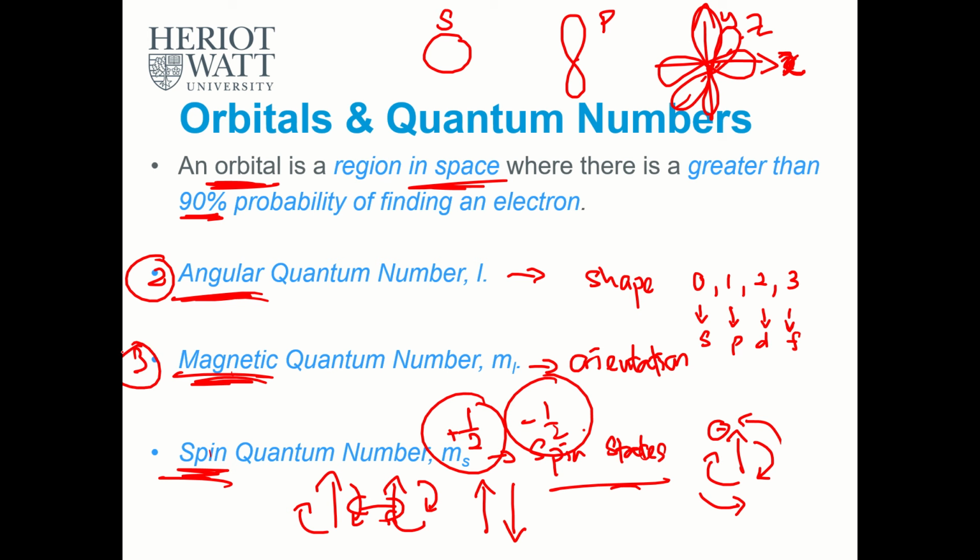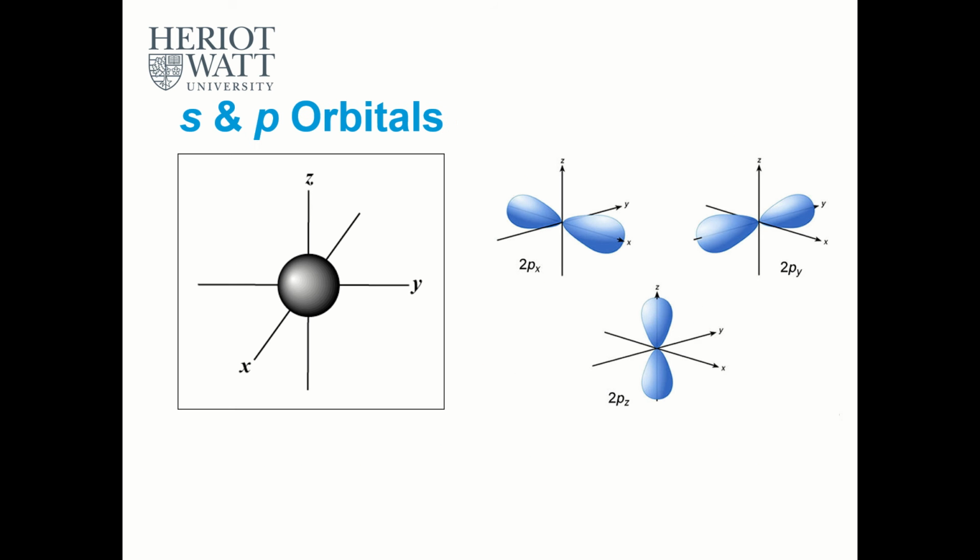And then the third one is the magnetic quantum number. A specific shape of a subshell can be in different orientations, depending on the shape and whether they can be oriented. And then number four, we look at the spin quantum number. Within an orbital, the electrons in it are always in opposite spin states, spinning in opposite directions to minimize repulsions. So these are the four quantum numbers that we learn.